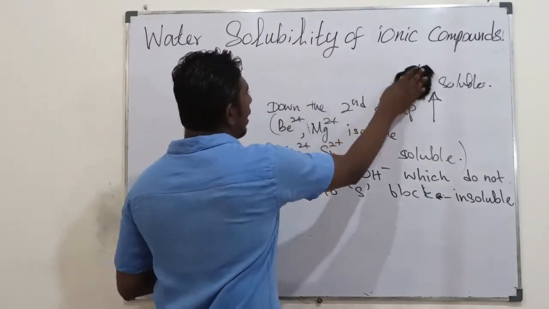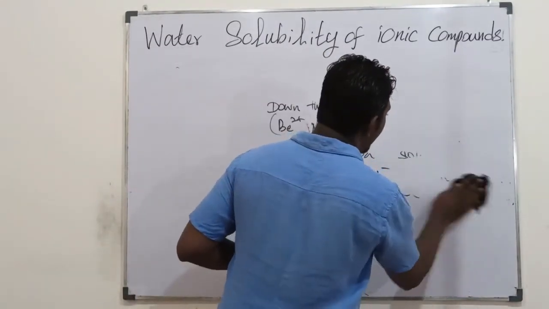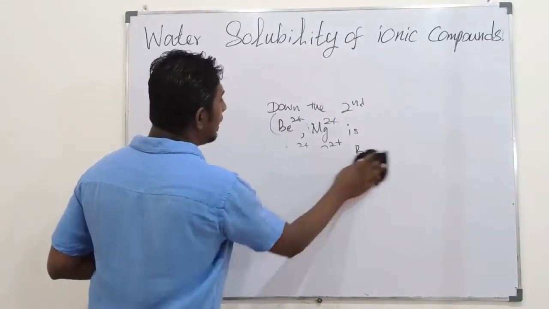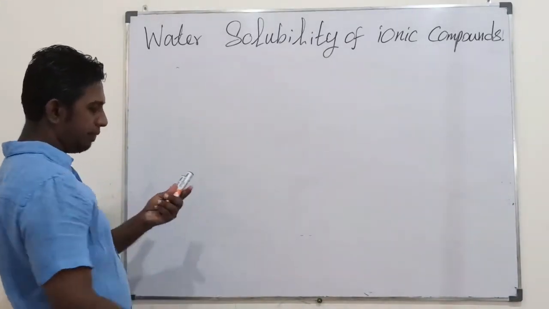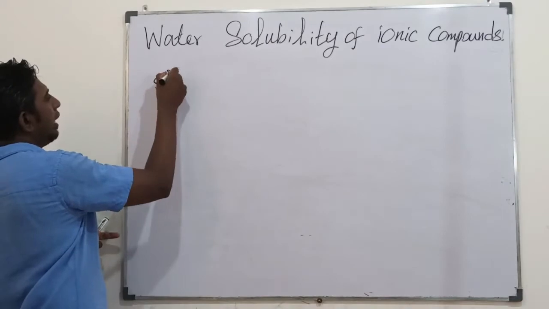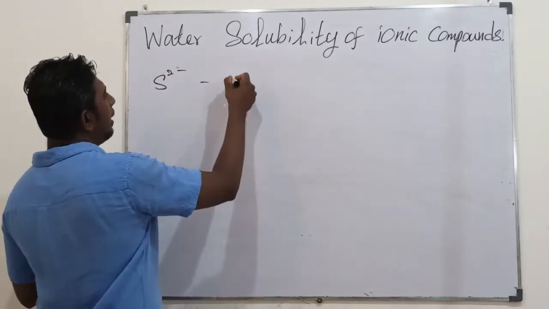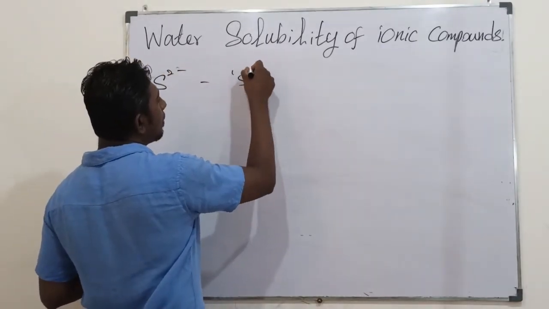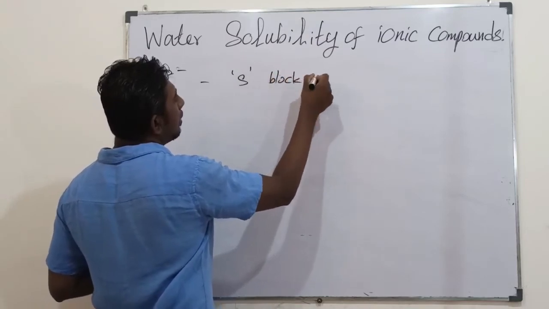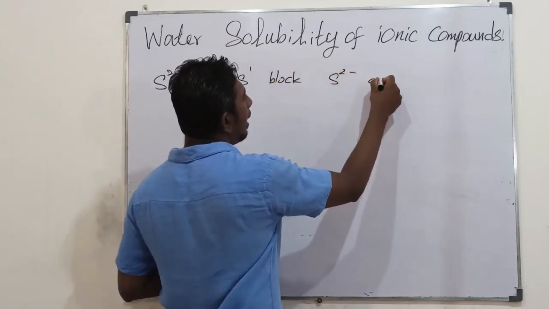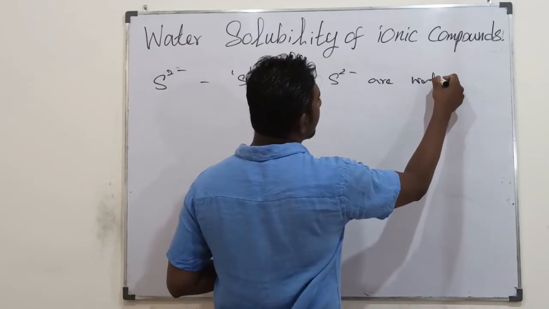Let's find out the water solubility of sulfides. What are sulfides? S2 minus ions. It's very easy. S block sulfides are water soluble.